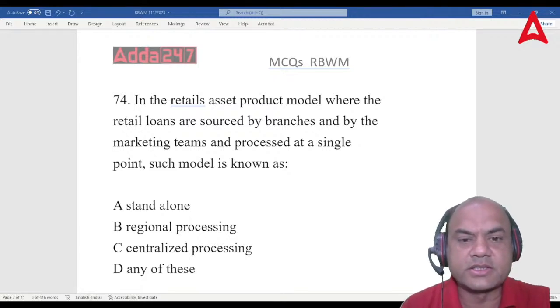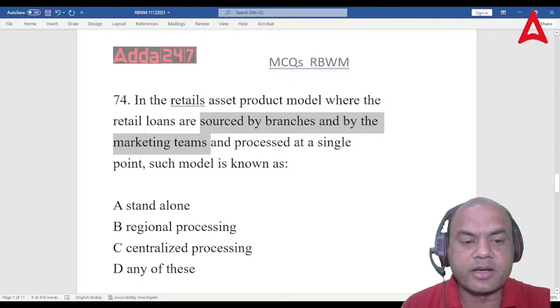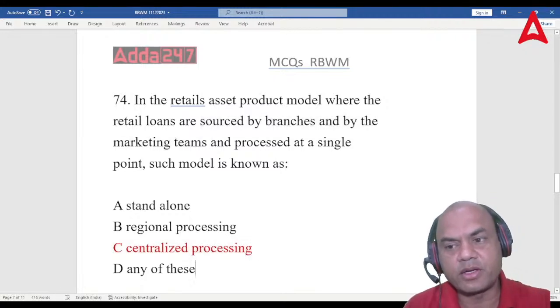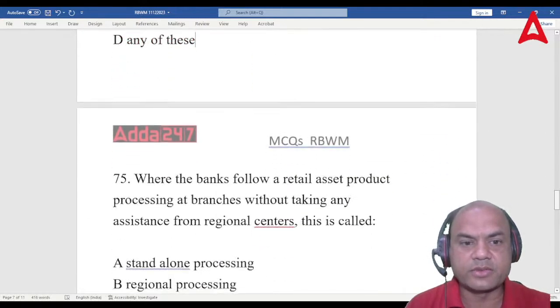So the answer is centralized, right? Centralized processing. This is the answer. Got it? Okay. Next one.